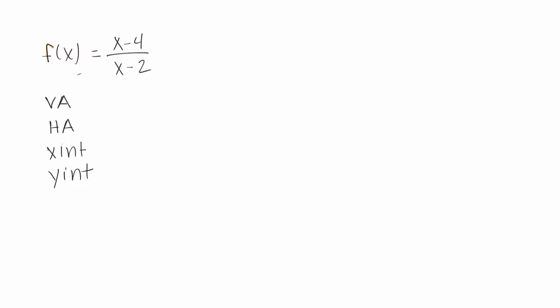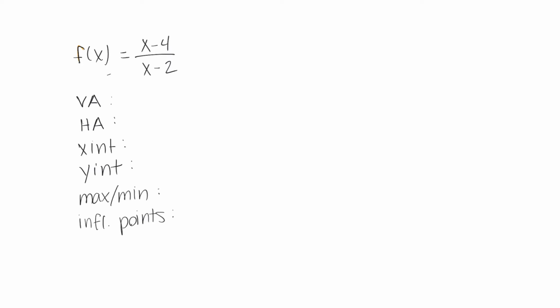So then we'll look for maxes and mins, and then we'll look for inflection points, okay? So all of these things that I just listed are considered critical points. So if you're ever asked to find critical points, these are all what we call critical, okay? So these are our critical points.